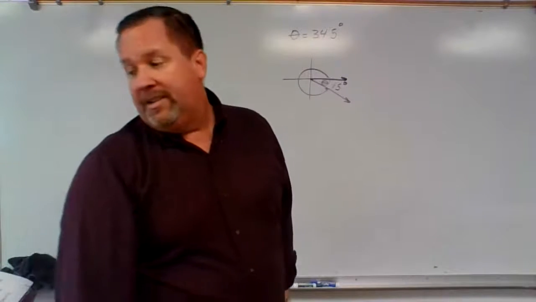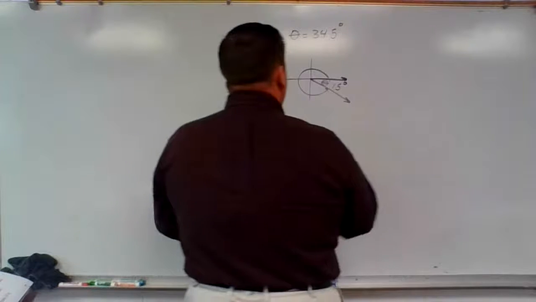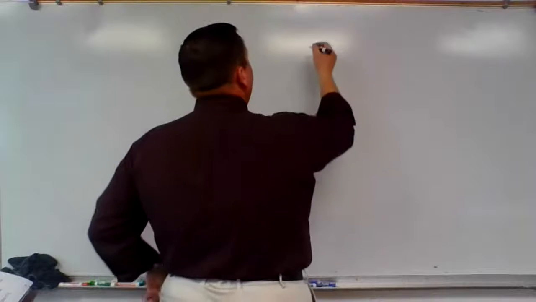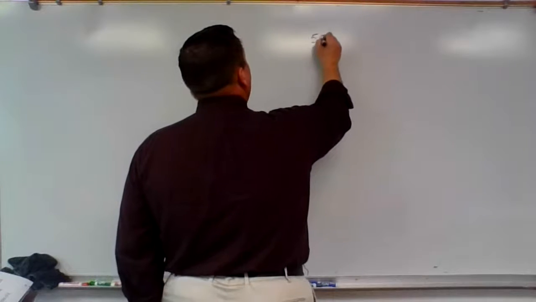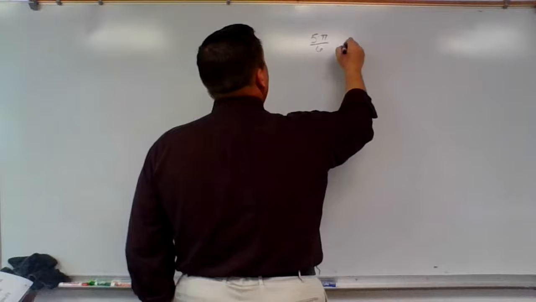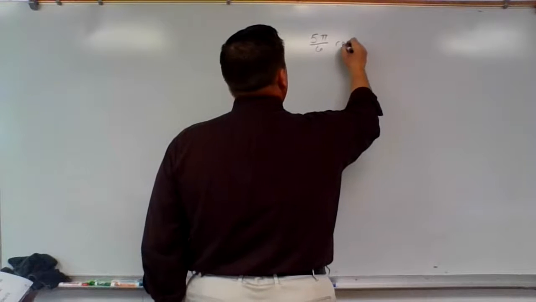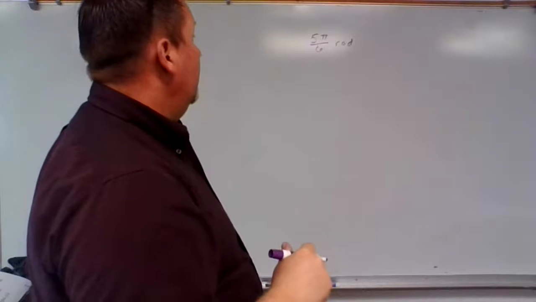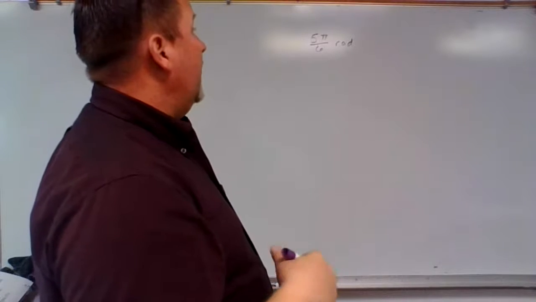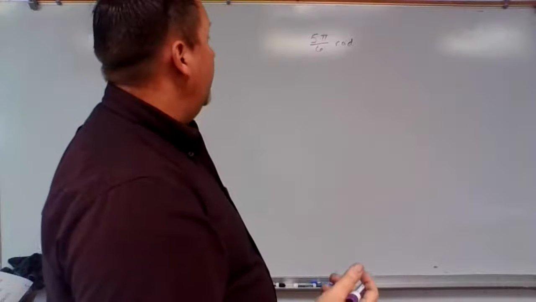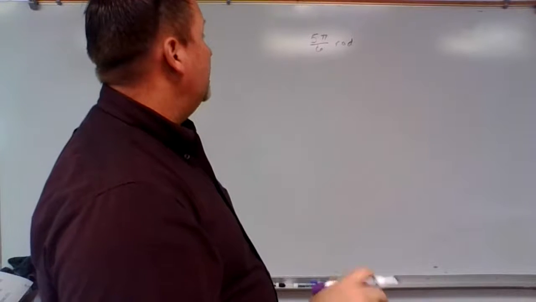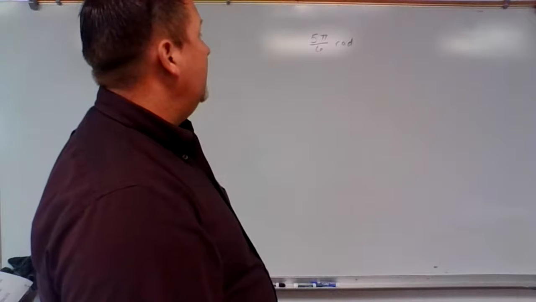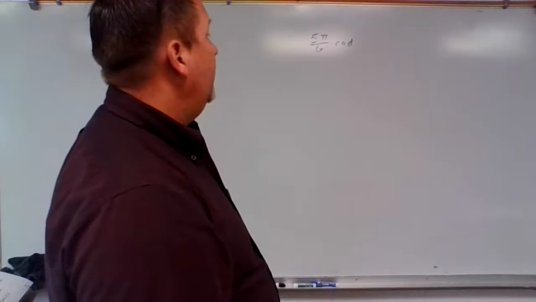5 pi over 6. Okay, that's where it starts to get a little bit tricky because we are either going to have to draw it out to see kind of where it is, or we're going to have to start playing around. 5 pi over 6 is a little less than 1 pi.